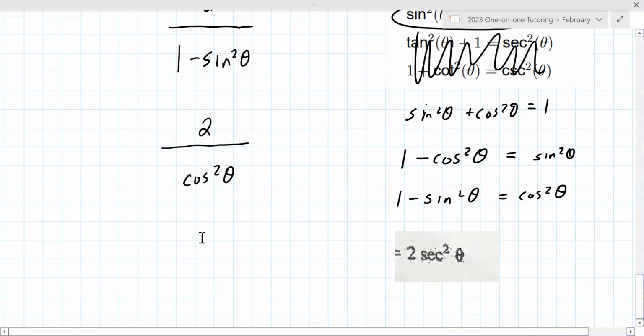It's really close though. You're almost there. What is 1 over cosine squared? Secant squared. So this becomes 2 secant squared theta. Good.